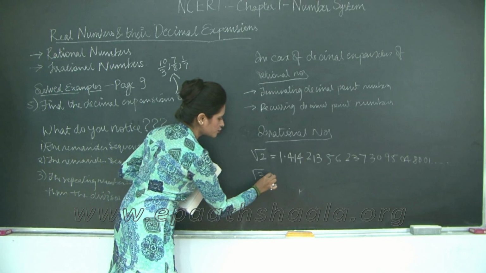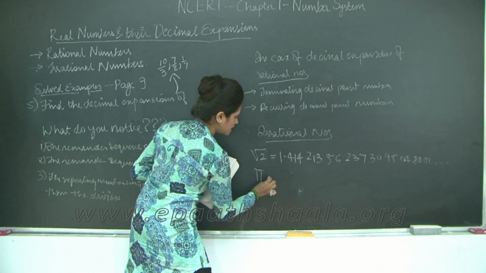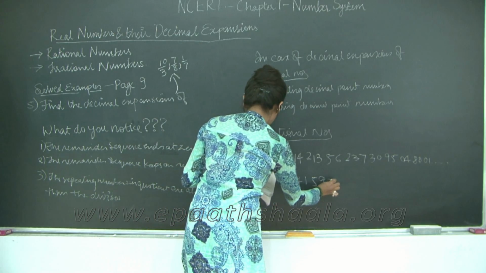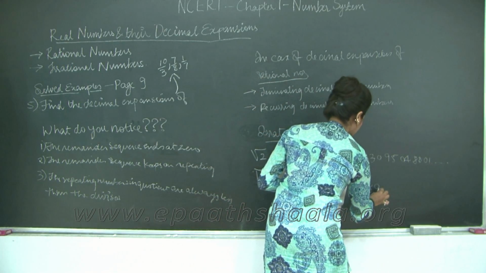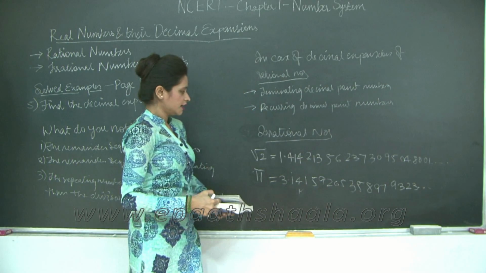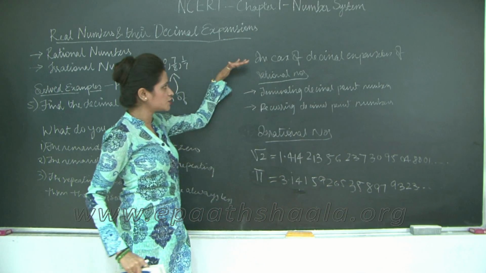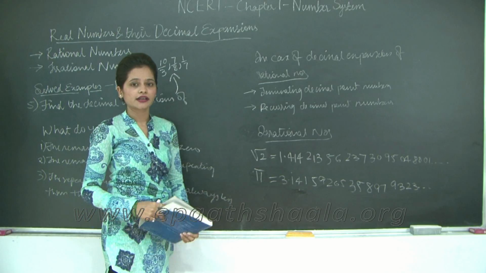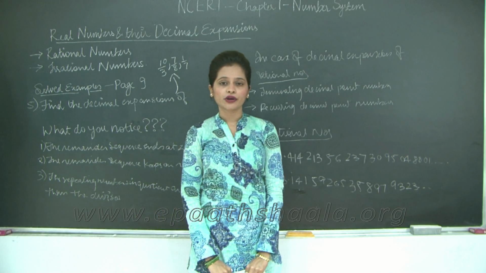Also, another example is pi, which is 3.14159265358979323 and so on. Again, the decimal keeps going on, it doesn't end, and there is no repeating pattern. So this is the major difference between decimal expansion of rational and irrational numbers, and a major difference between rational and irrational numbers itself. So we will take a look at the remaining solved examples, as well as exercise 1.3 in the next class.